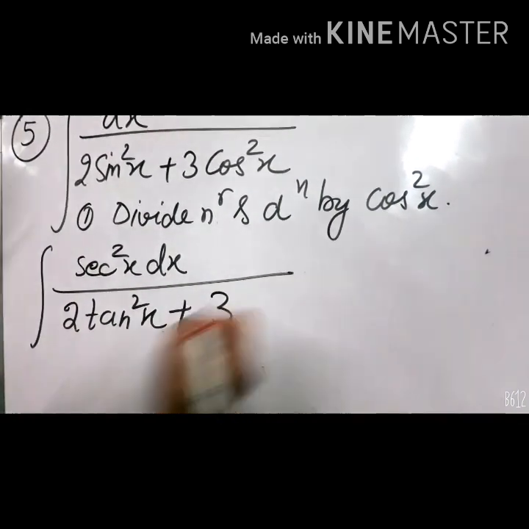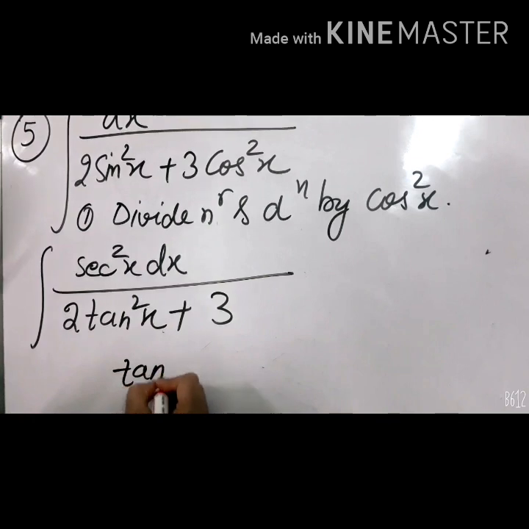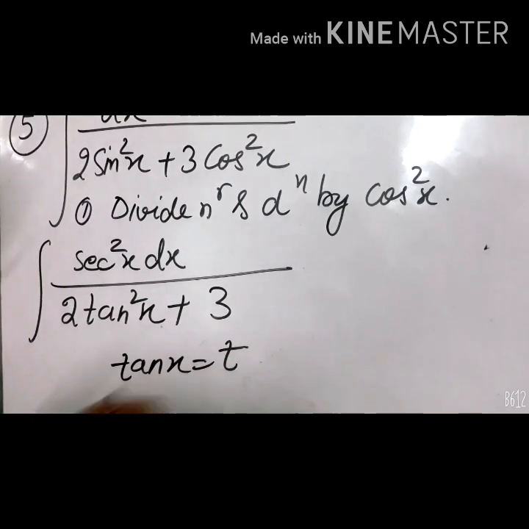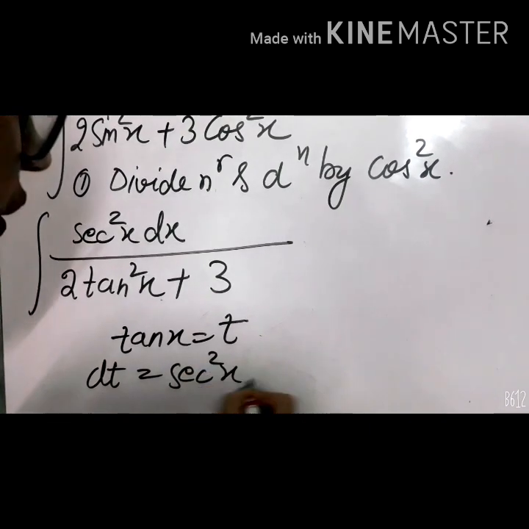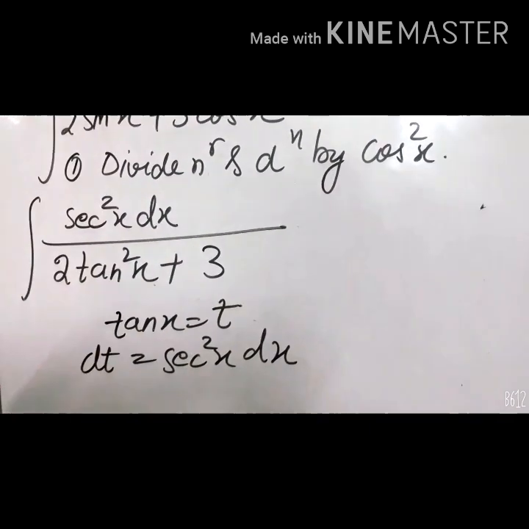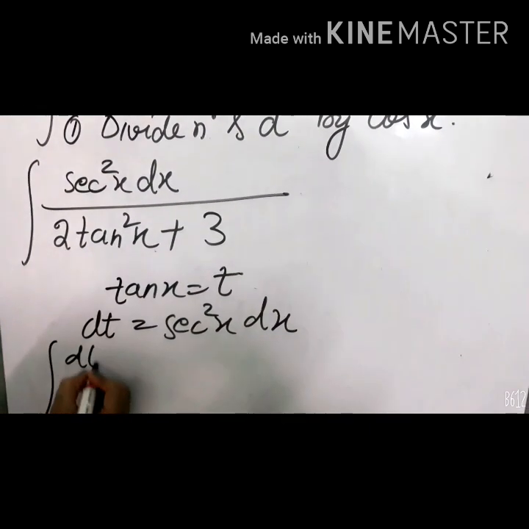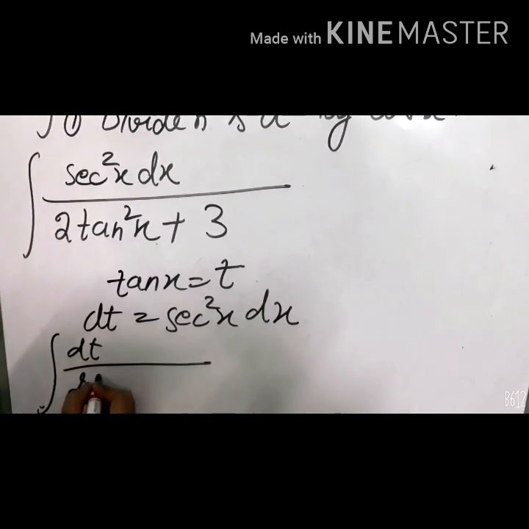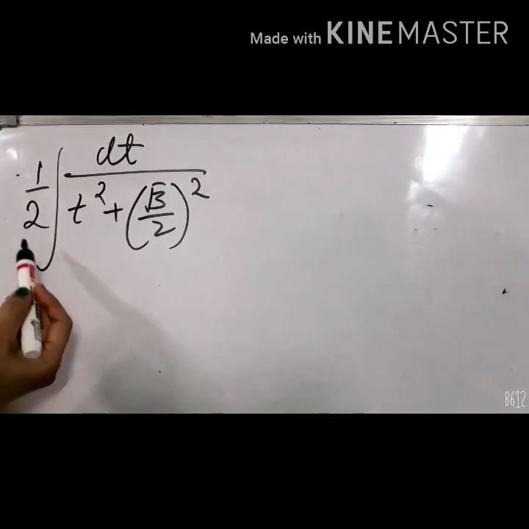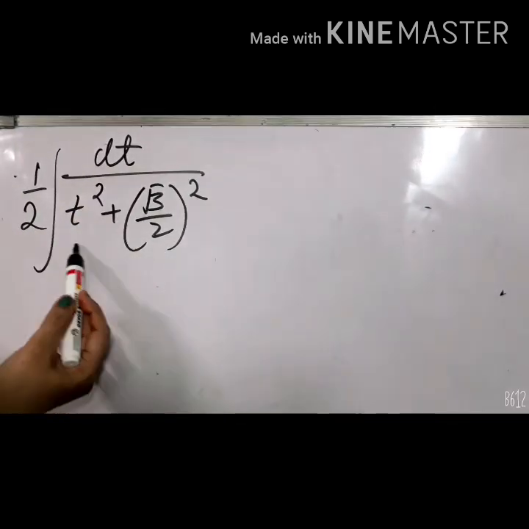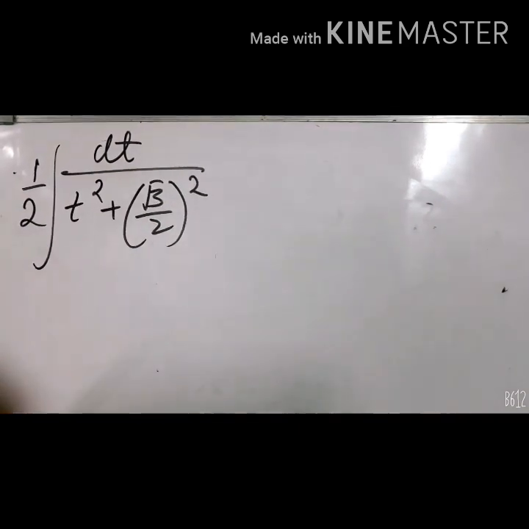Now this tan x you let as t, so dt becomes sec square x into dx. Fine. It is like dt by 2t square plus 3. Now I wrote it as 1 by 2 dt by t square plus root 3 by 2 whole square.